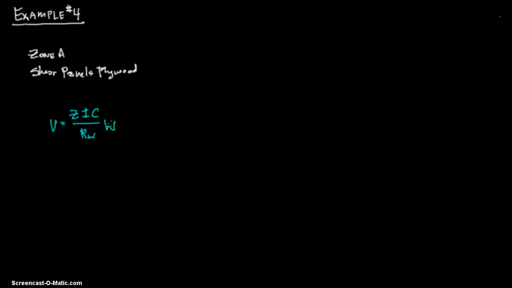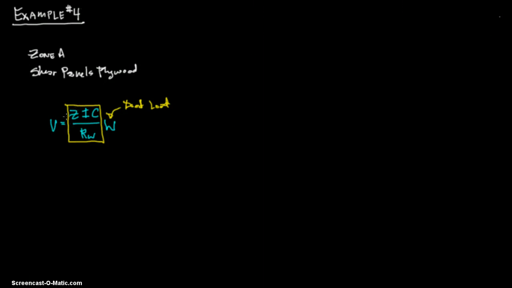Since it asks for the base shear as a percentage of the dead load, what we're looking for is right here. This is going to be the percentage times the dead load. So it asks us what percentage we want, so we need to look at this. And we'll go around and say, okay, how do we get this?